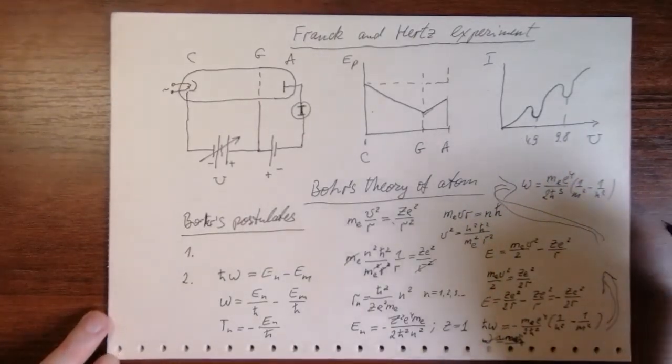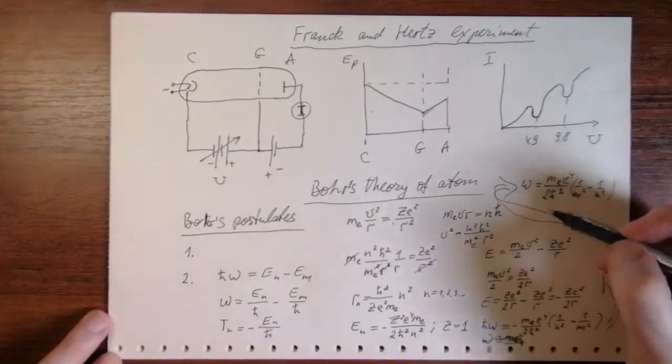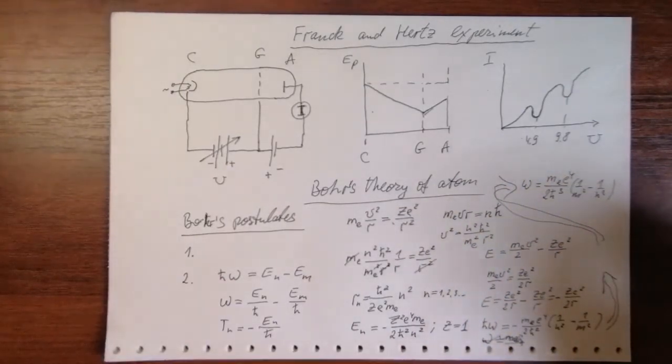That is actually the Balmer formula, and this is the Rydberg constant.